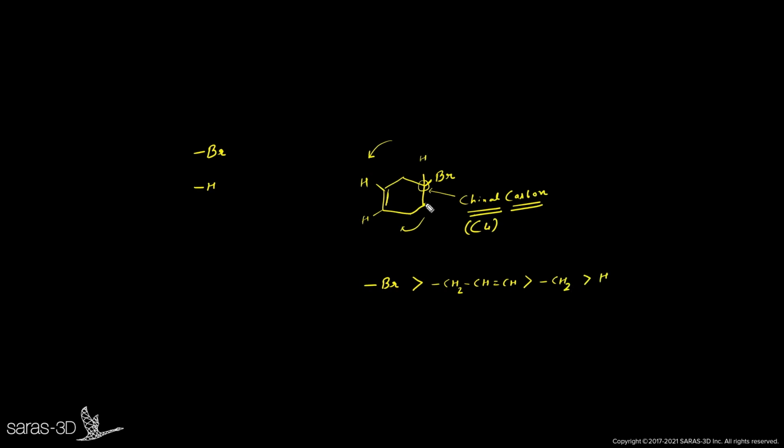Now this CH2 and this entire group are bonded through CH2. So here we have the CH2 group. So this is the priority 1, 2, 3 and 4. Because here there will be the bond duplication.